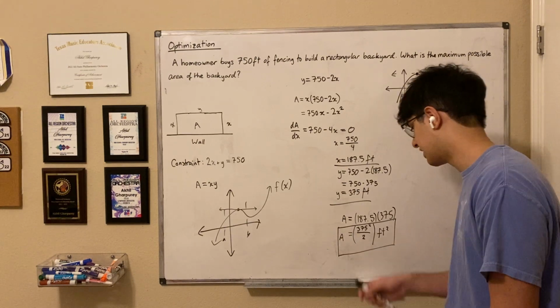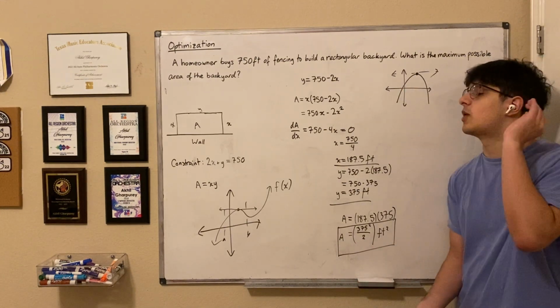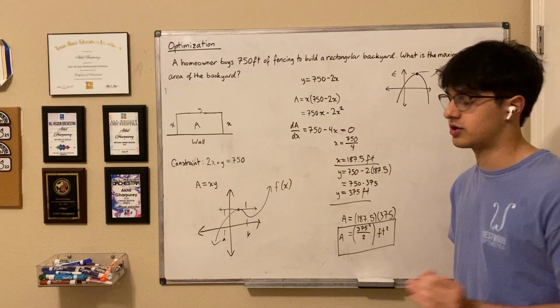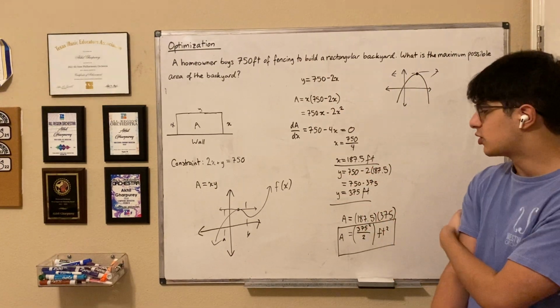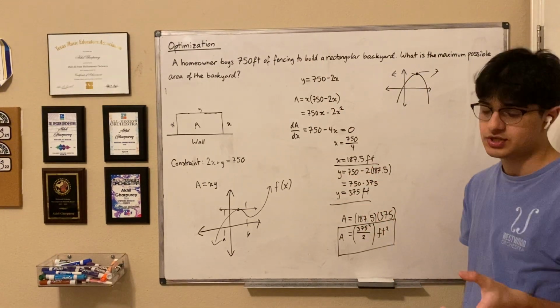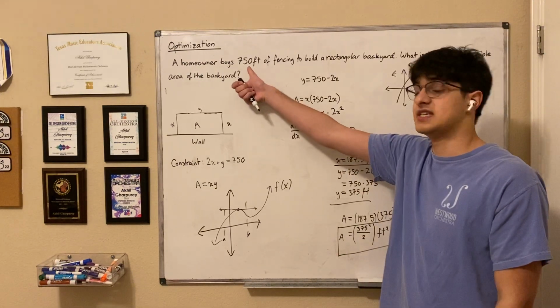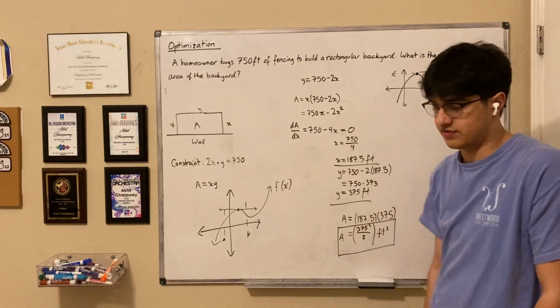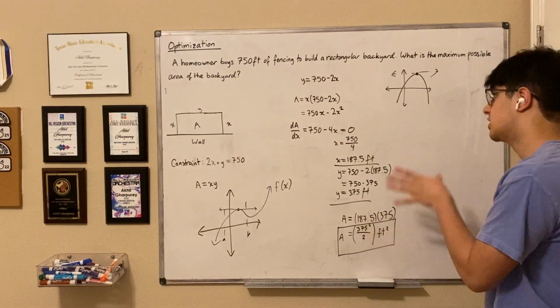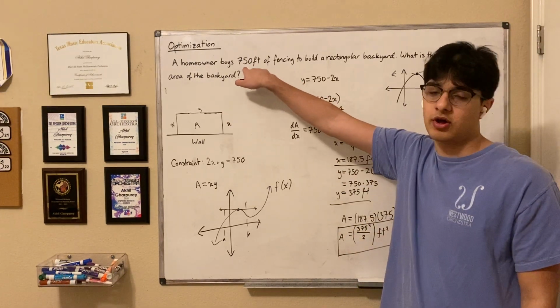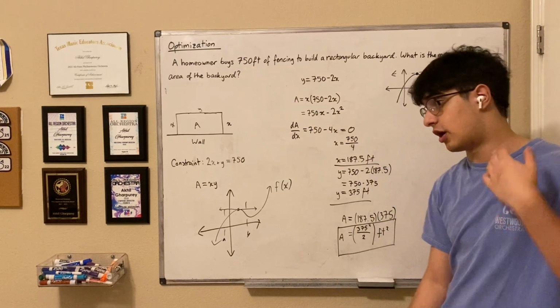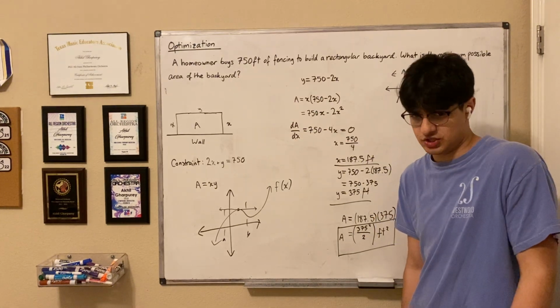And this right here is your maximum area. Now feel free, typically if you don't have a calculator for these problems, you're probably going to be asked a question with easier numbers to work with. You'll probably see something like 60 feet instead of 750 feet. But if you had a calculator, you would probably see this number come up, or even unfriendly numbers like 1,872.